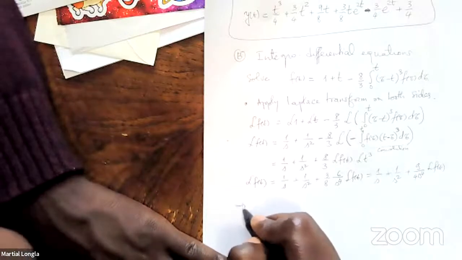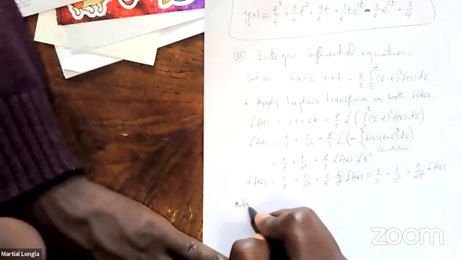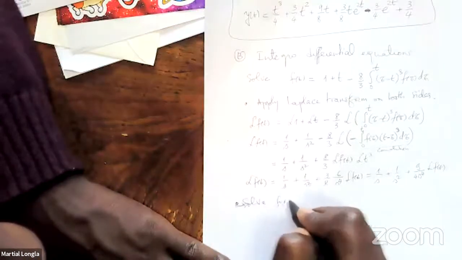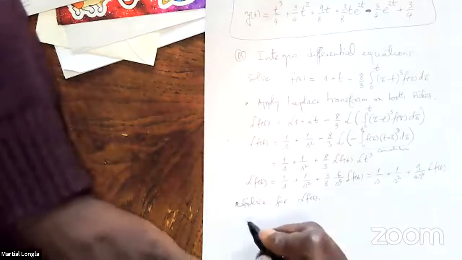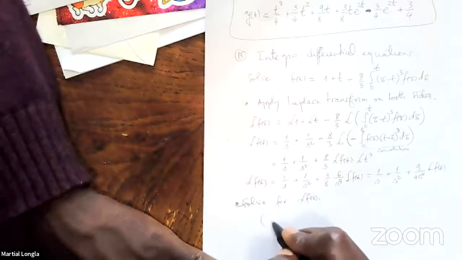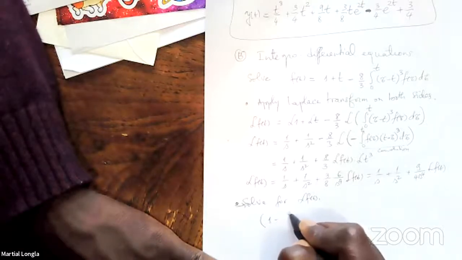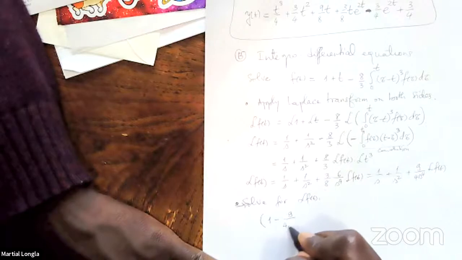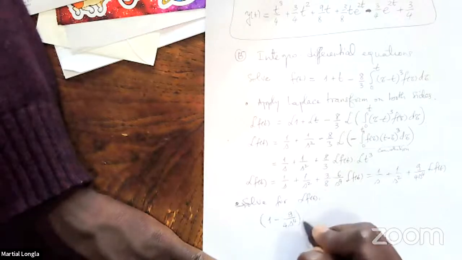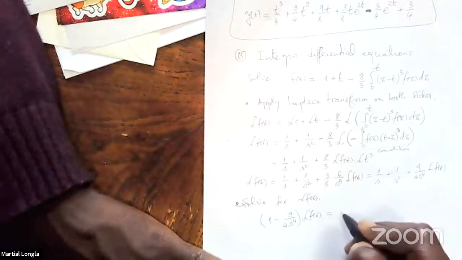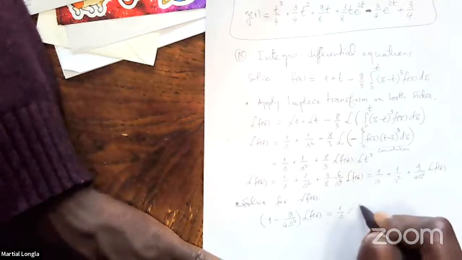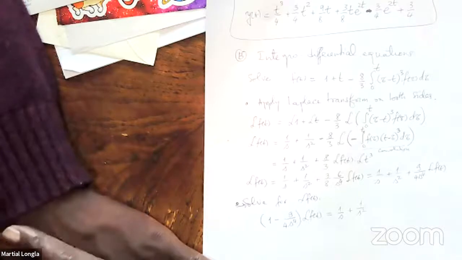And then always what you need to do is solve for Laplace transform of f of t. Bring them to one side. So this is 1 minus 9 over 4 s to the fourth Laplace transform of f of t equals 1 over s plus 1 over s squared.